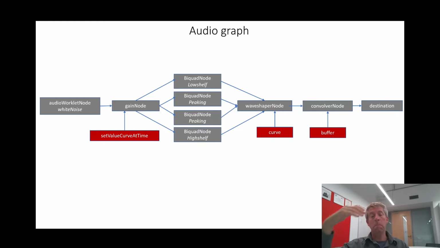So boost the highs or the lows, add more bass to the signal, and so on. A wave shaper adding distortion to the signal, a convolver node to add reverb and echoes to the signal. So this type of audio graph could be used, for instance, to create something like an explosion sound. But this is just one example.